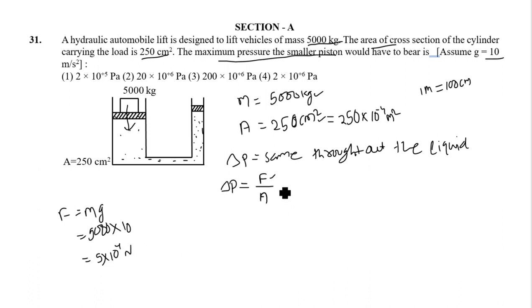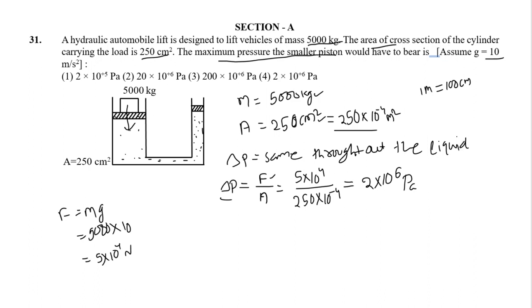In place of force I put 5 into 10 to the power 4 Newton, and in place of area I put 250 into 10 to the power minus 4. If I calculate it, I get around 2 into 10 to the power 6. The SI unit of pressure is Pascal, so I write it as Pa. Okay, the first question is complete.